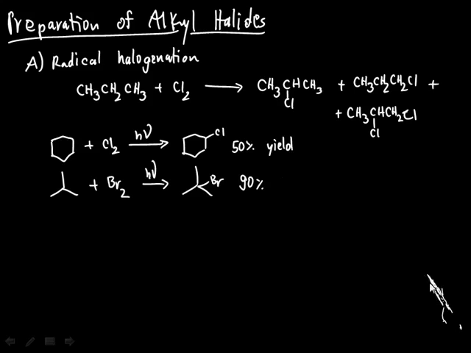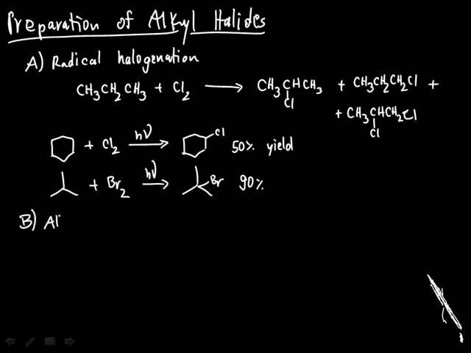However, since bromine is more selective and it's also a liquid, which is easier to handle in a small lab setting, it is much more frequently used in academic settings. In an industrial setting, handling gases such as chlorine is not such a big problem, so chlorine can be used as well and is favored in industry because of its low cost. But overall, the point here is that radical halogenation has a very limited scope in useful preparations of halogenated hydrocarbons.